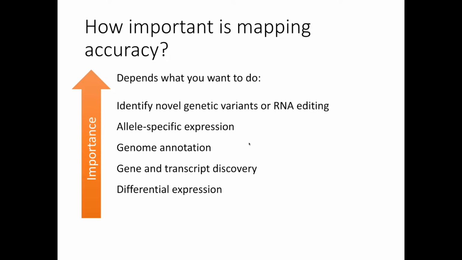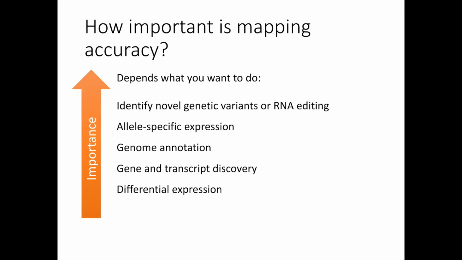But then as you get into more specific questions, like you want to identify novel genetic variants, or you want to identify RNA editing, do genome annotation, or allele-specific expression, then single nucleotide changes are going to make big differences in some of the outcomes.